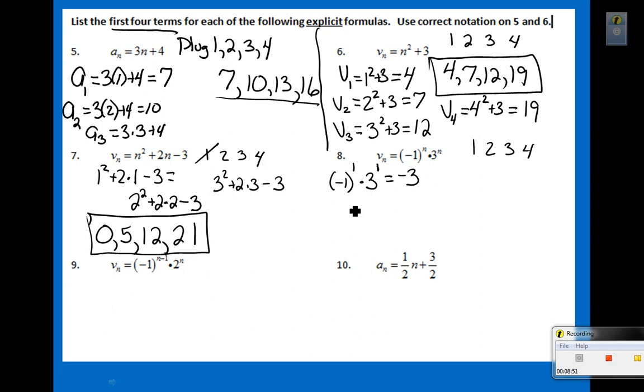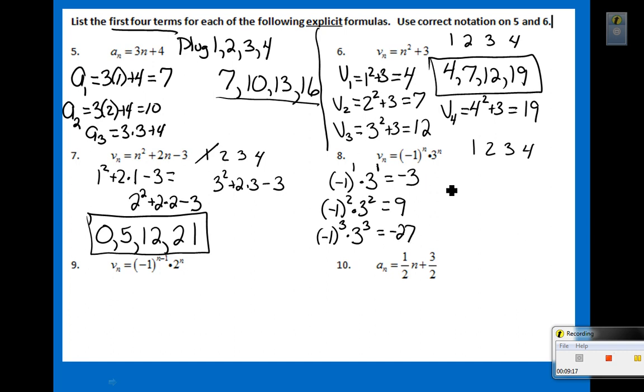To get your second term, you're going to go parenthesis -1 squared times 3 squared, sorry about that, and get +9. To get your third term, -1 in parentheses to the third times 3 to the third. When you run that through, you get -27.